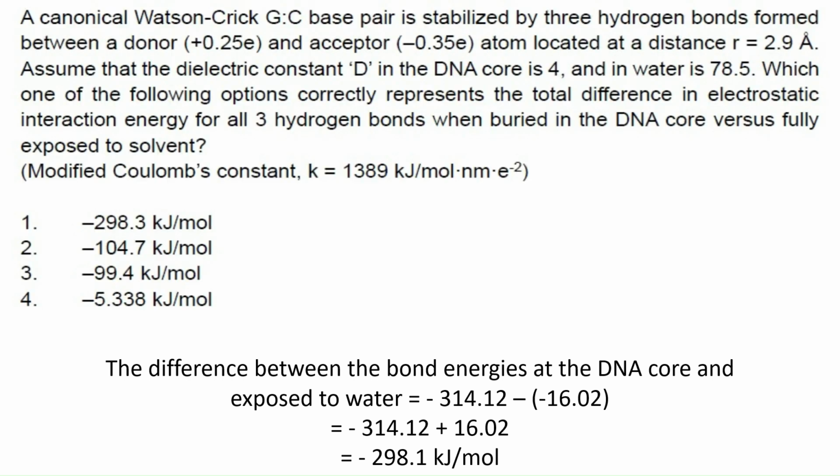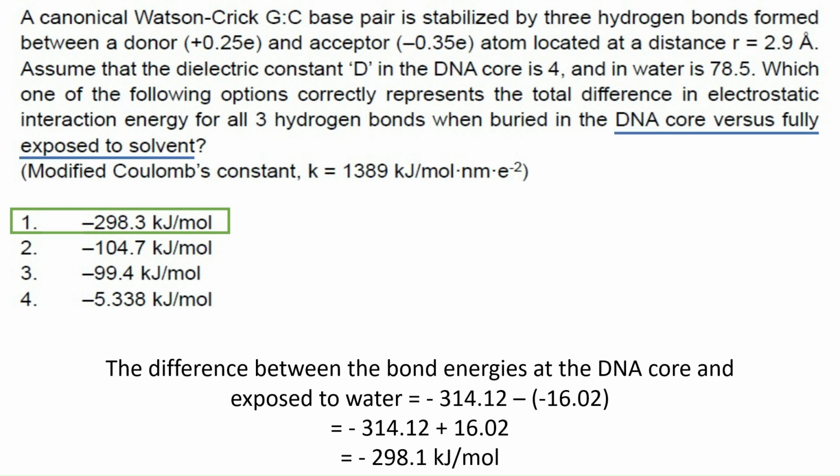Now, if we go back to the question, we can see that the closest is option 1. So, in this case, our correct answer is option 1, minus 298.3 kilojoule per mole. Now, look at this line very carefully.